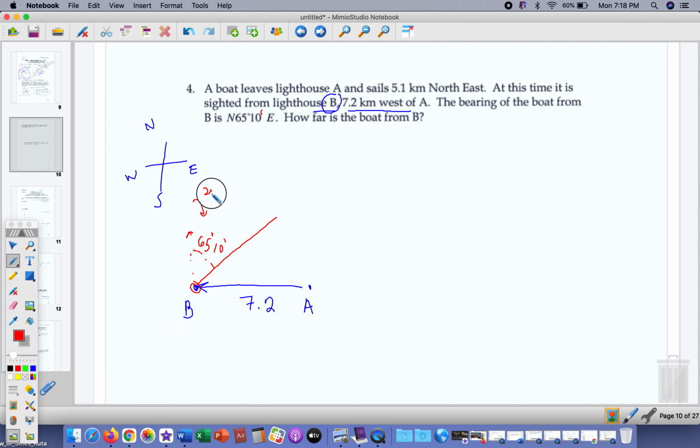Remember, in our calculator, we're using the second angle to get our degrees, minutes, and seconds. Now, if we put in our calculator 180 minus 65 degrees 10 minutes, we would be left with 24.83 degrees. So that's in here, 24.83 degrees.